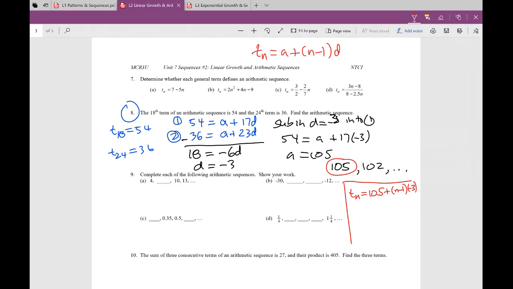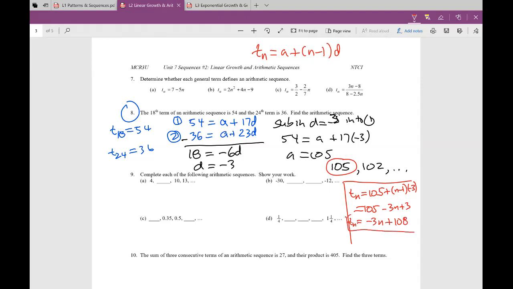And so what we have to do is maybe write a general term. Now, what we're going to do is use some distributive property. So negative 3n plus 3. And then what we get is negative 3n plus 108.